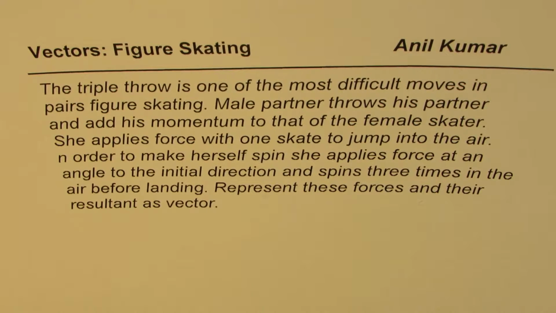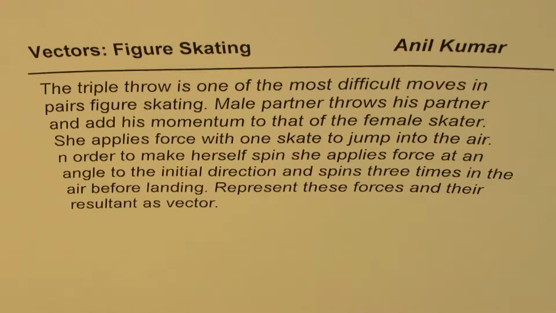This one is from my student on vectors. The triple throw is one of the most difficult moves in pairs figure skating. Male partner throws his partner and adds his momentum to that of the female skater. She applies force with one skate to jump into the air.